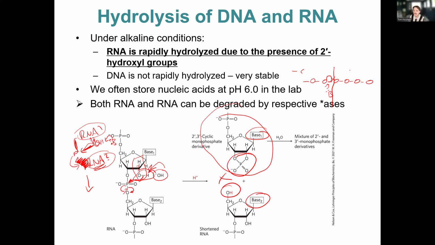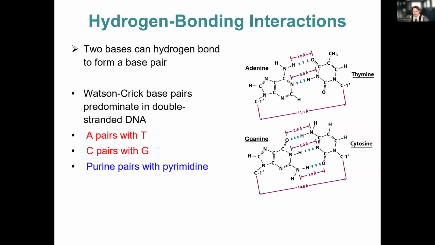So RNA is unstable at basic pHs because the base will cause a chain reaction breakage in the RNA. The phosphodiester bond will break and you just get a cyclic derivative instead. But this doesn't happen with DNA.